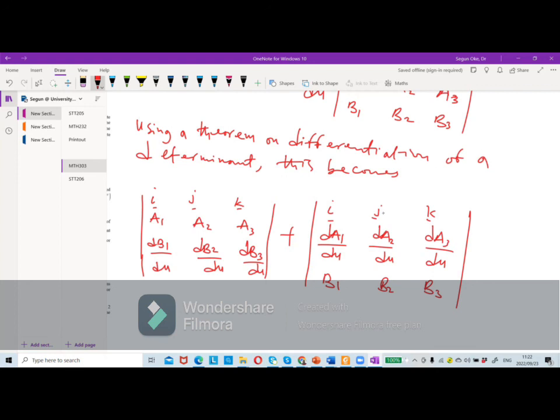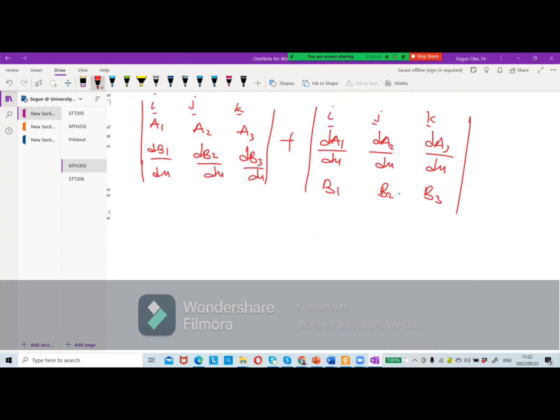So at the end of the day, when you work it out, you're going to realize A cross dB/du plus dA/du cross B. So that is one of the things they ask you to solve.